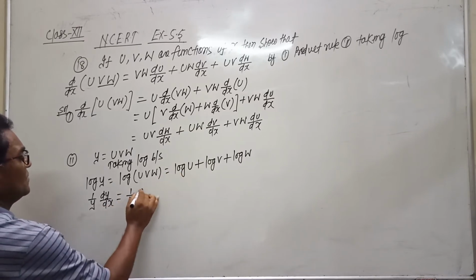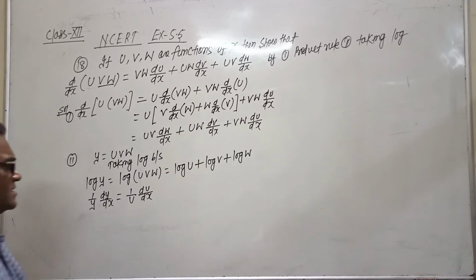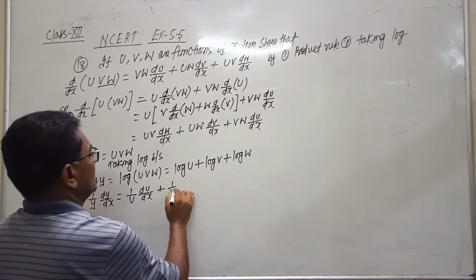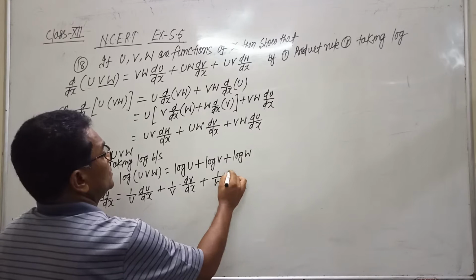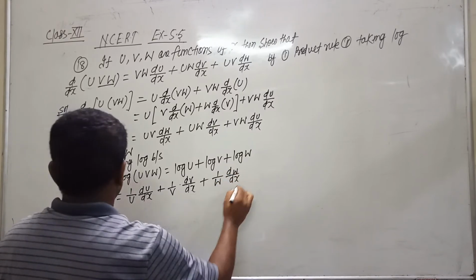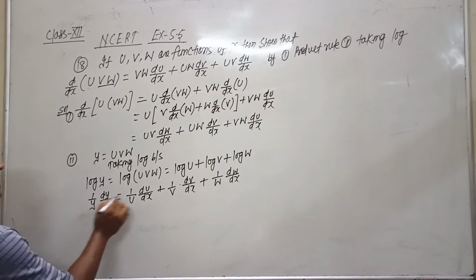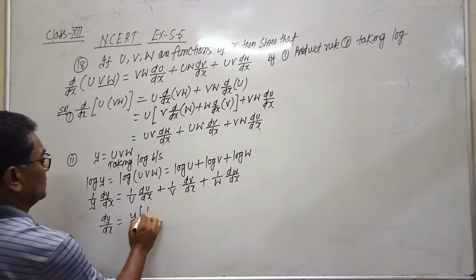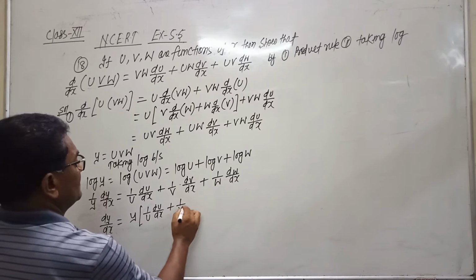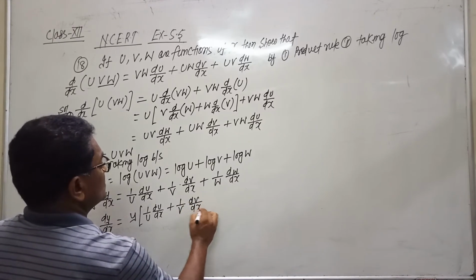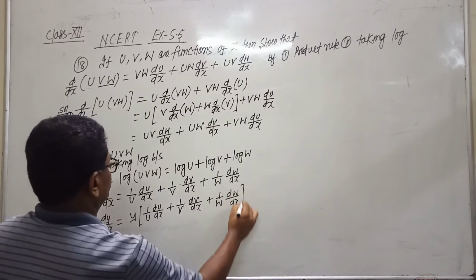Now differentiation of log y is 1 by y and dy by dx. Differentiation of log u is 1 by u and du by dx. Differentiation of log v is 1 by v and dv by dx, plus 1 by w and dw by dx.